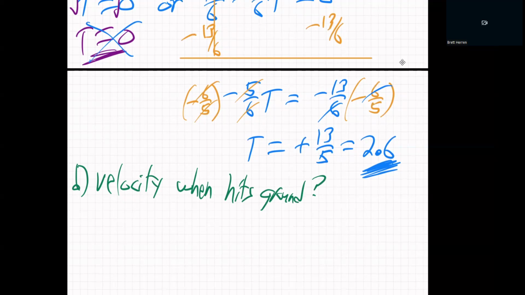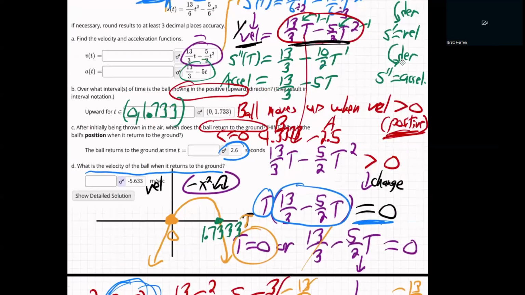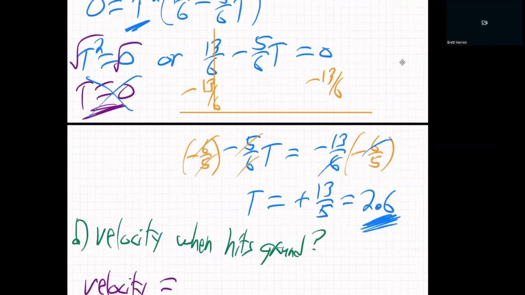Well, we've got to grab the velocity equation. So let's get it. Let's go back up here. Where was that? This one right here. 13 thirds t minus 5 halves t squared.